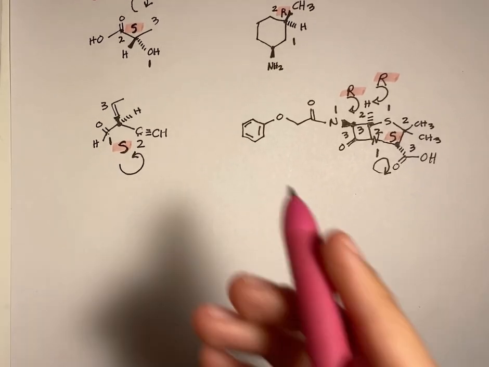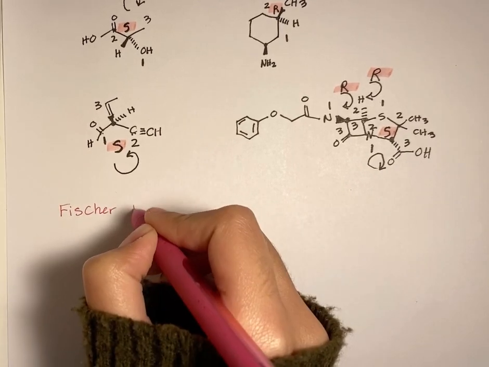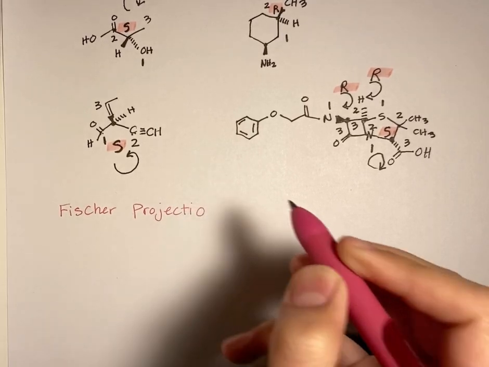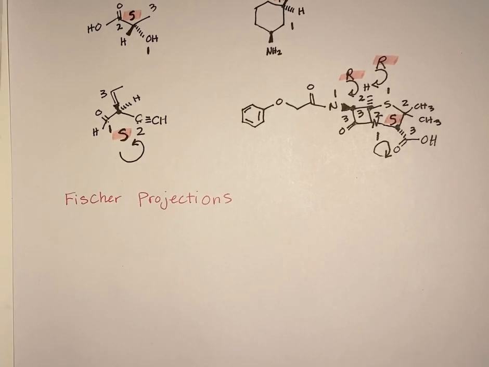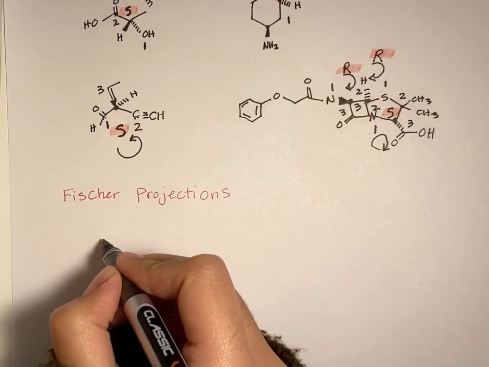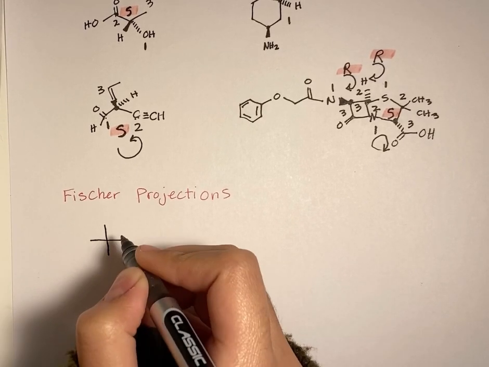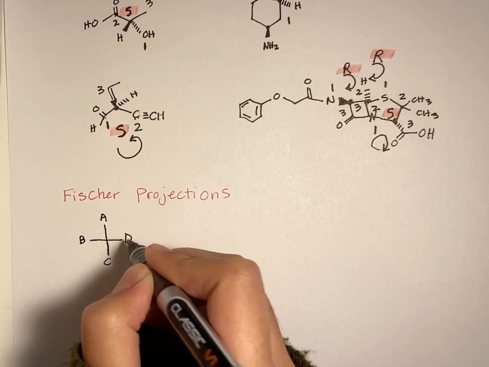Next thing, we're going to be looking at Fischer projections. Okay, so I'll do a quick intro on this one. If we have a carbon here, then we have these horizontal and vertical lines, like a plus sign. And here we have A, B, C, D, doesn't matter what they are.